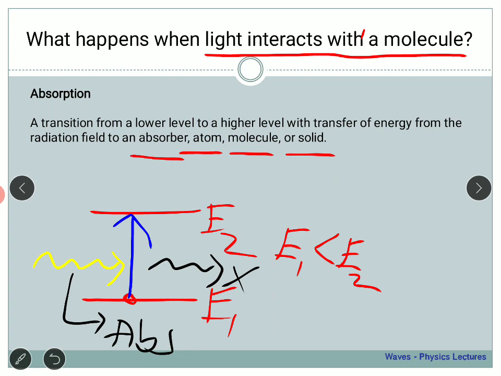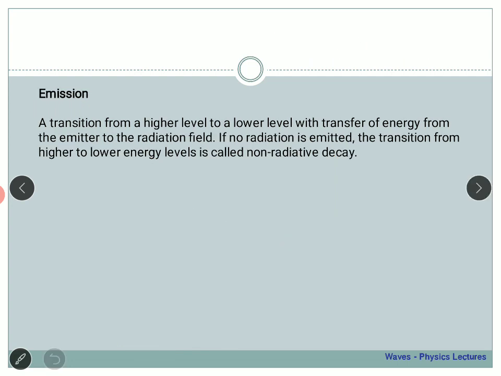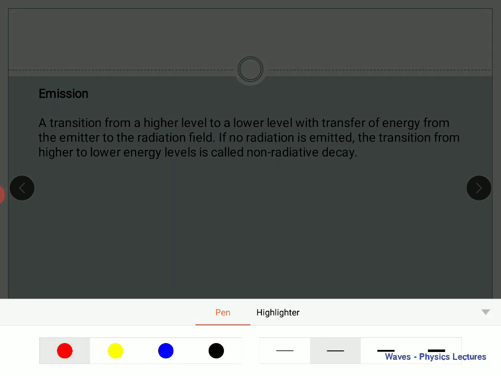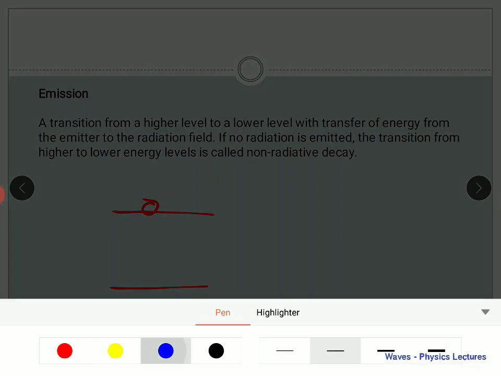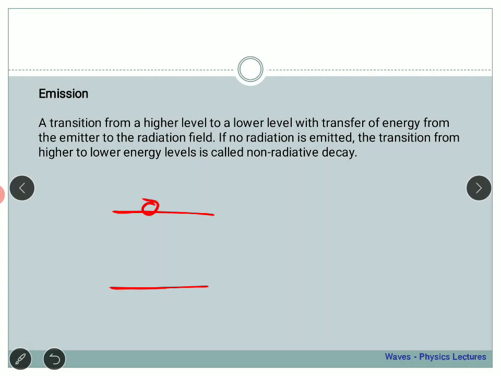So next, we can go to something which we call emission. Now if we go into the previous picture, we have the energy levels. Now this atom is already on the upper energy level. Now it cannot remain there forever. It basically needs to come down. So it will come down after some time.